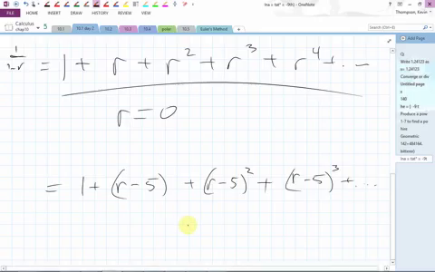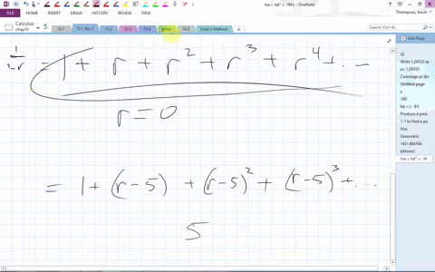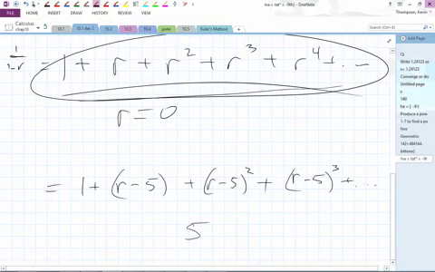It is 5. Now here's the point. We know that this can't converge at 5, right? It's supposed to be between -1 and 1, but we have basically shifted it. We've shifted the center to 5. So notice now this problem is going to converge where r now is between what two numbers?